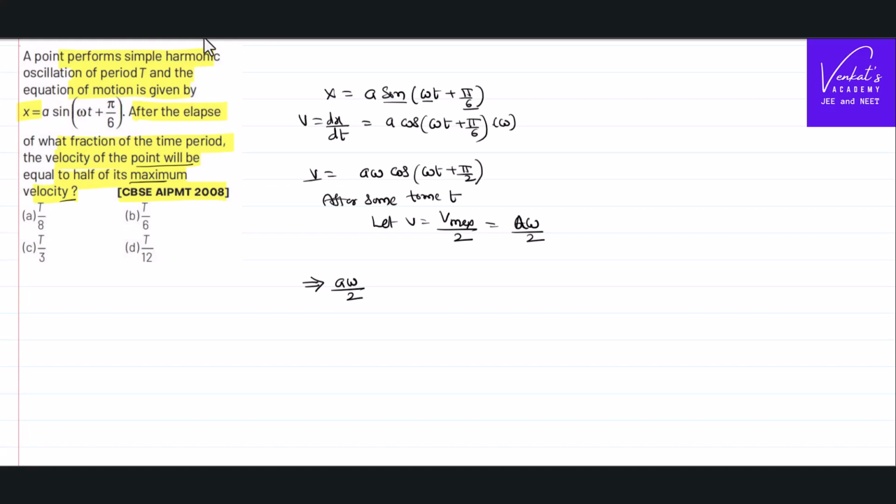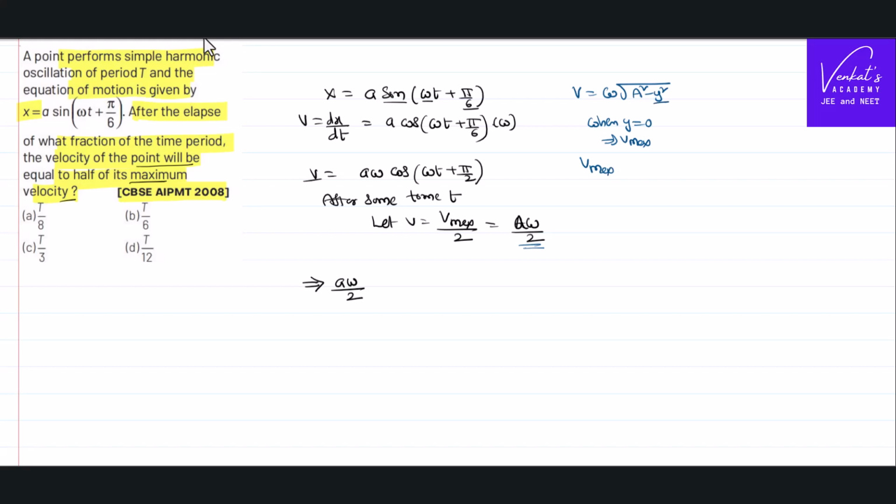If you have a doubt about how I got v maximum as a omega, I shall remind you of the equation of velocity of a particle in simple harmonic motion, v equals omega into root of a square minus y square. When y is 0, velocity becomes maximum.